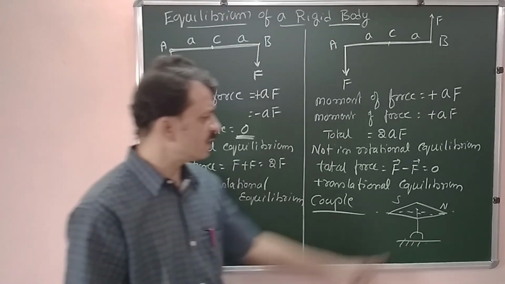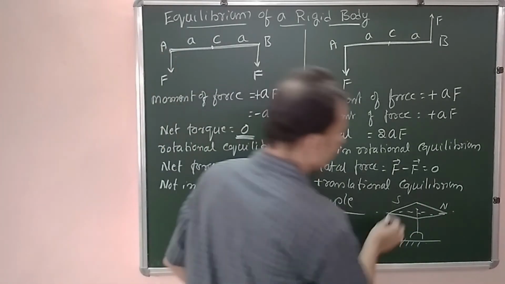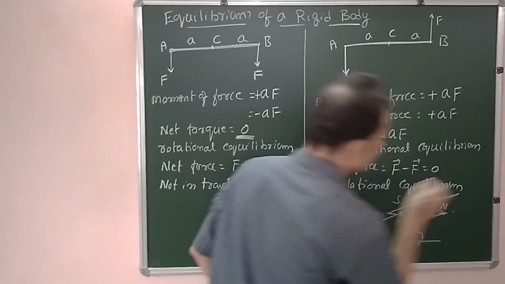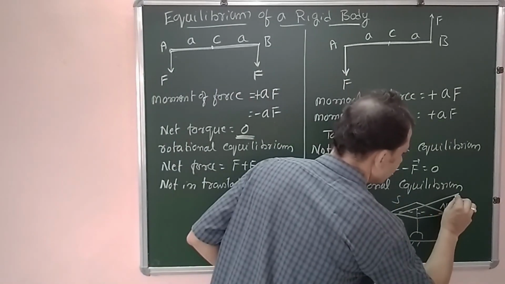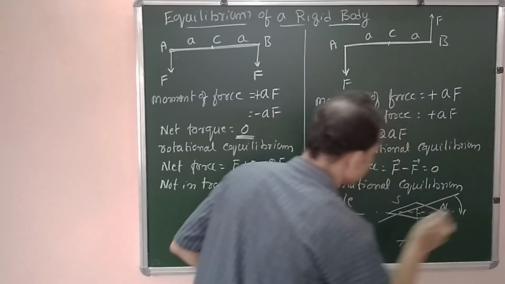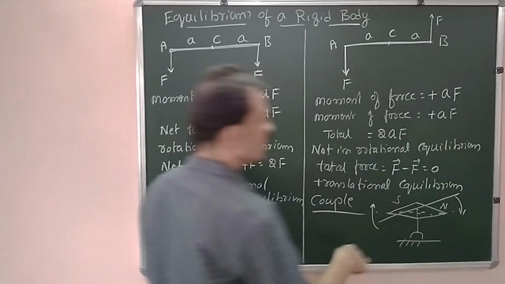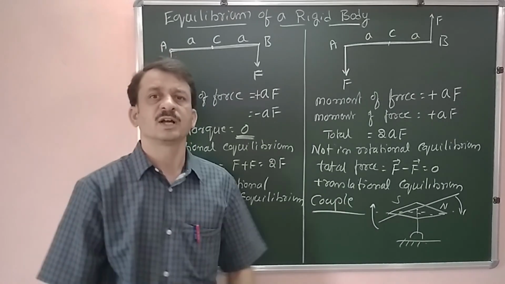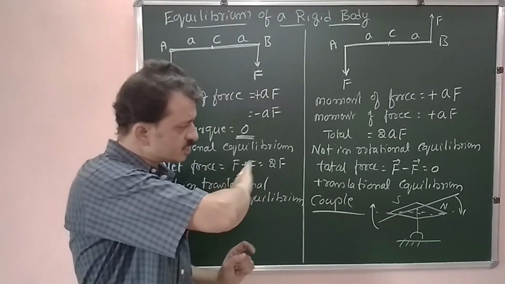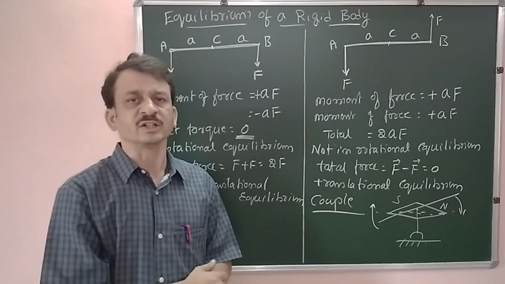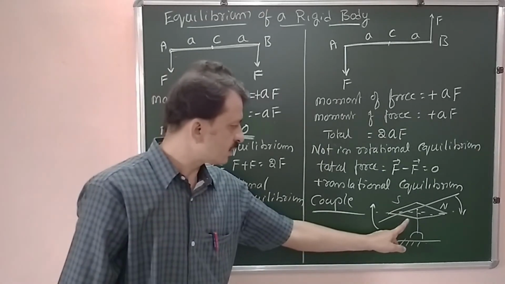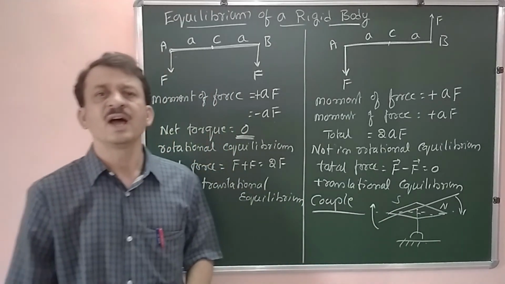If I displace the needle along this direction, then Earth's magnetic field is going to apply equal and opposite forces as shown in the diagram. The Earth's magnetic field tends to bring back the needle along the north-south direction. So this needle is going to experience a couple.